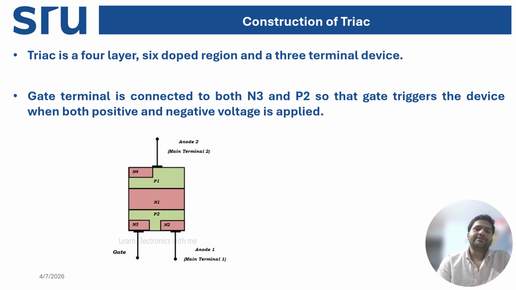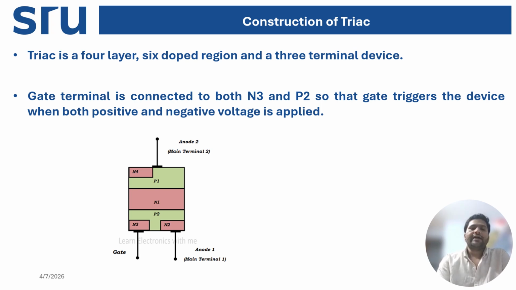So, the basic structure of the TRIAC: it is formed by multiple P-type and N-type semiconductor materials. It can be visualized as a 5-layer device with an arrangement that allows conduction in both directions.